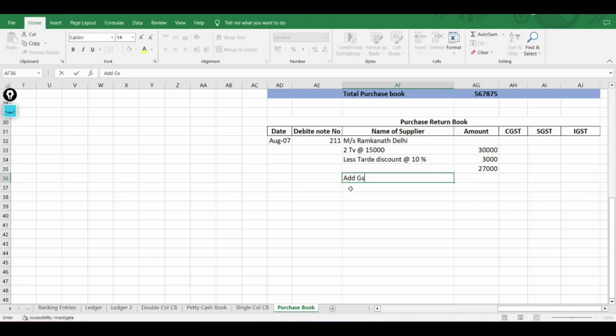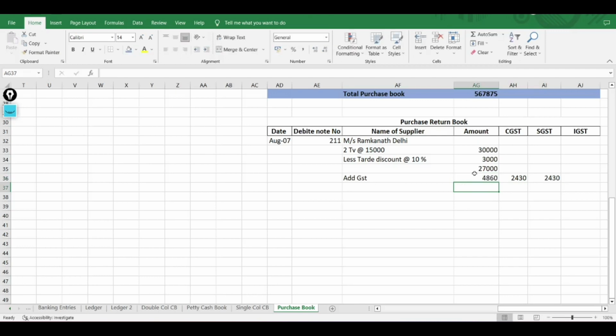GST was applicable, add GST, both CGST and SGST were applicable. So 27,000 into 9% and 27,000 into 9%. So total GST of 4,860 was applicable.